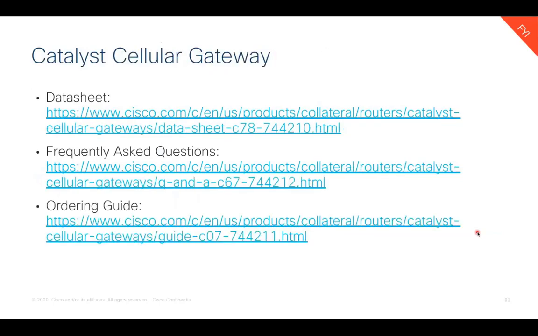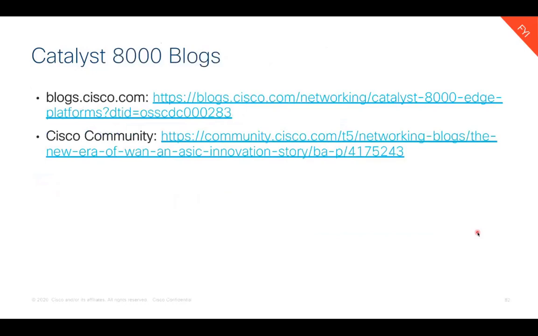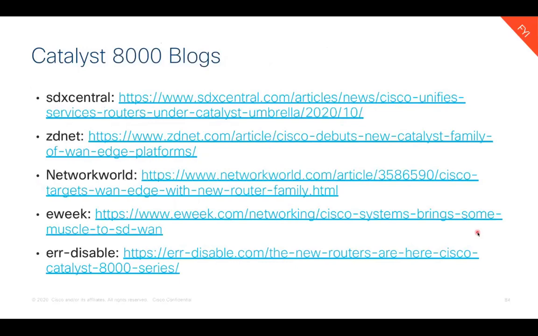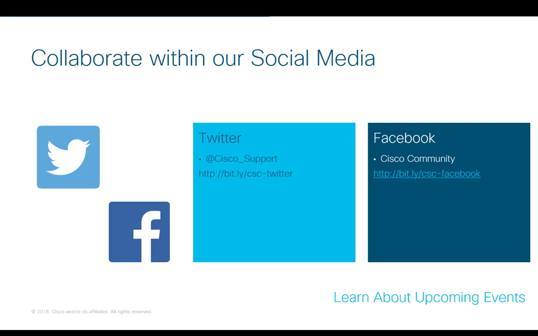So please take some time to access these URLs and learn more about the Catalyst 8000 series Edge family portfolio, on what are the services and the offerings that we are providing with the introduction of these new shiny toys. And with that said, I'll hand over the ball to Gabriela.